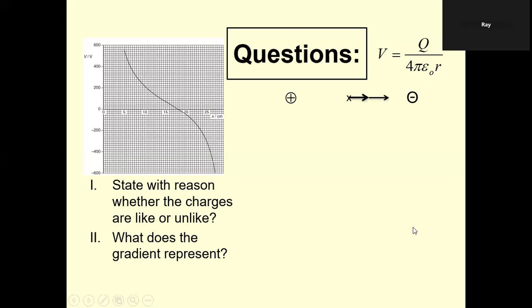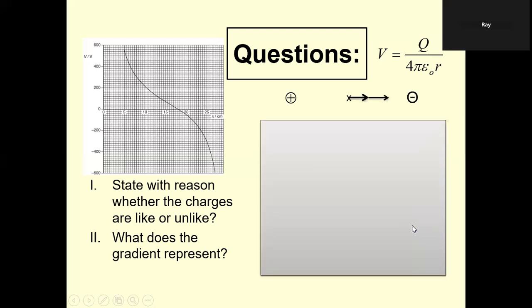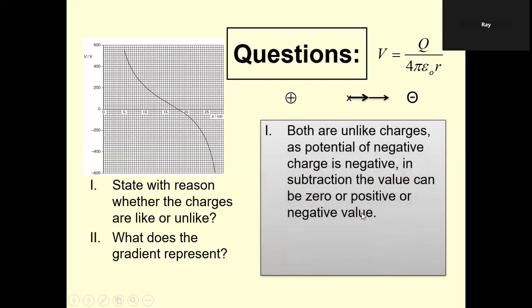What does the gradient represent? If it's electric field, both are in the same direction if it's unlike charges. What does the gradient represent? Electric field.